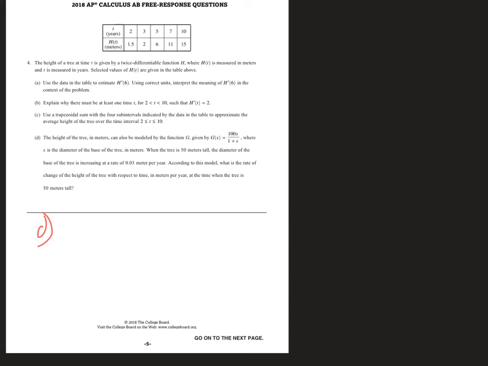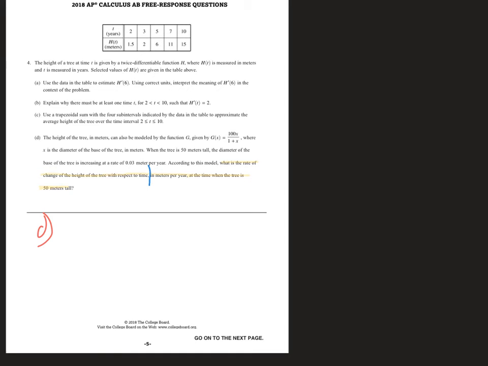There's a lot of writing in this part, but they're asking, what is the rate of change of the height of the tree with respect to time in meters per year at the time when the tree is 50 meters tall? So the first thing to think about is, they want the rate of change of the height of the tree with respect to time.